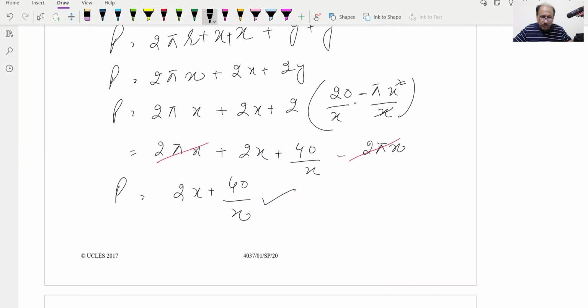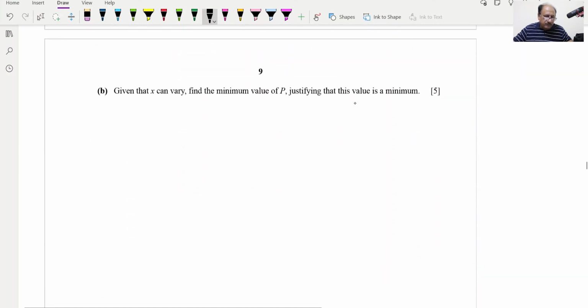Hopefully you understood this. Now the B part says: given that x can vary, find the minimum value of p, justifying that this value is a minimum. This is a 5 marks question.